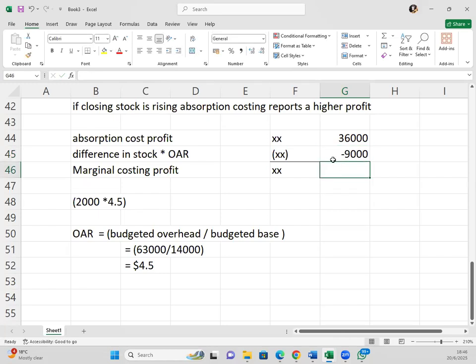So it means our marginal costing profit is going to be 27,000. So please take note. Why did I subtract here is because the closing stock was higher. If the closing stock was lower than the opening, we would do the opposite.